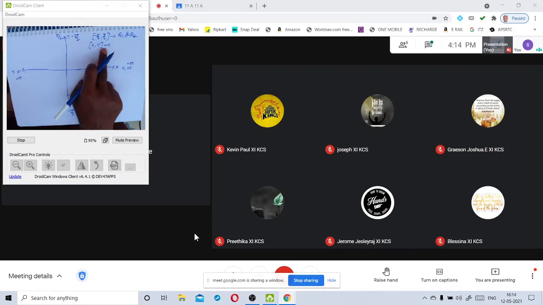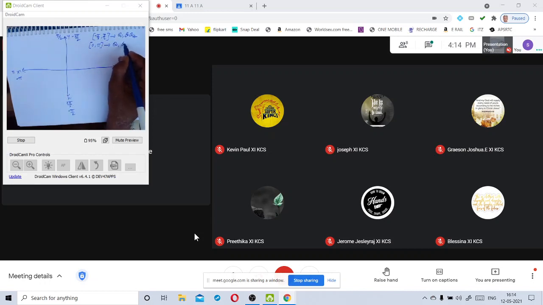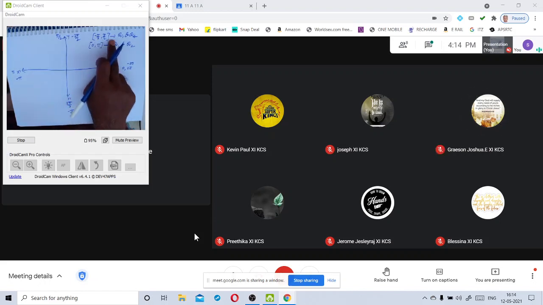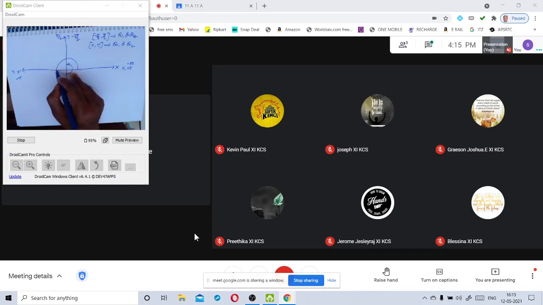Close interval 0, pi means the angle lies in the first and second quadrant. 0 here, pi is there. Yes or no? Yes, sir. Minus pi by 2, pi by 2 means from here, this angle, so first and fourth quadrant. 0 to pi means here, so first and second quadrant.